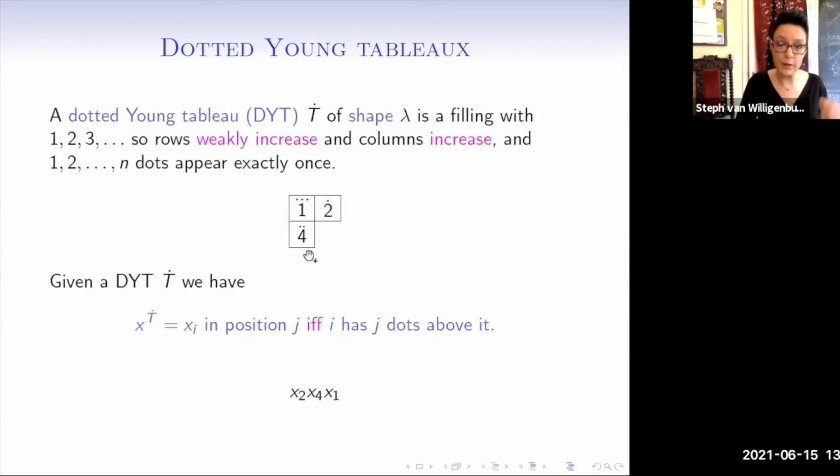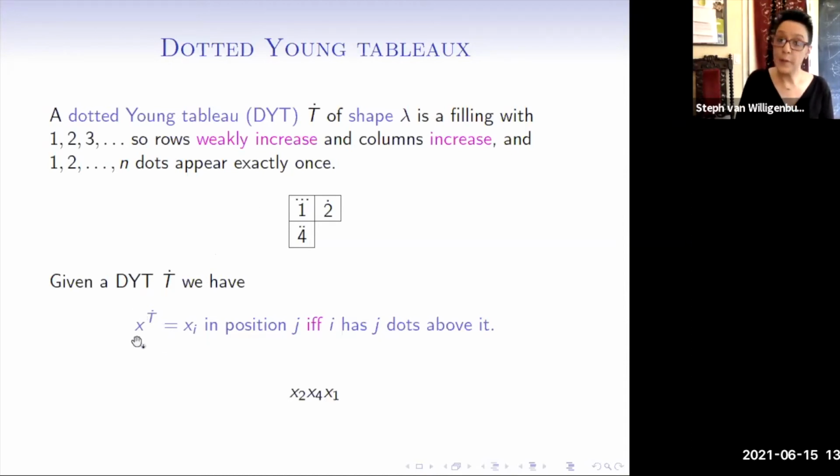And then you've got dots that are appearing 1, 2, 3 up to the number of boxes once and only once. So this is an example of a dotted Young tableau, because notice that our rows weakly increase as we read them left to right, strictly increase as we go top to bottom, and we have 1, 2, 3 dots.